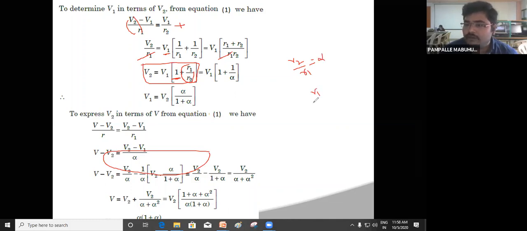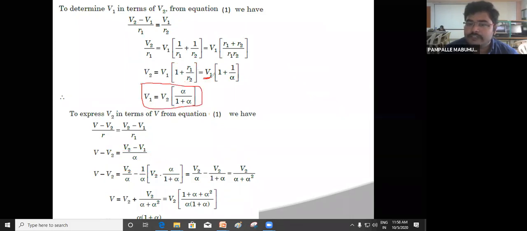So R1 by R2 can be written as 1 by alpha. In place of R1 by R2, you can write 1 by alpha. So your V1 in terms of V2 can be written with this equation: V1 is equal to V2 into alpha by (1 plus alpha). Okay. So this is the V1 value in terms of V2.